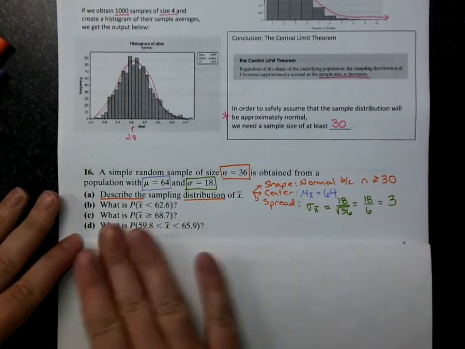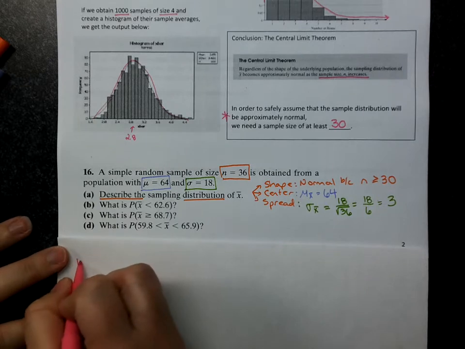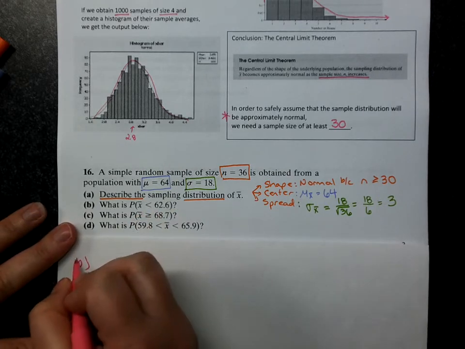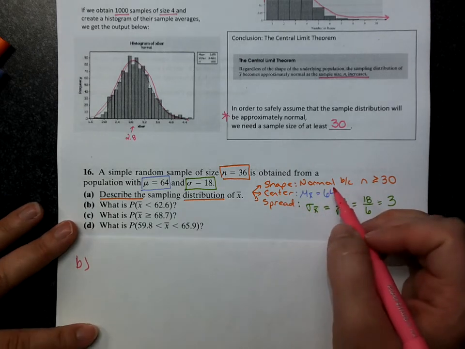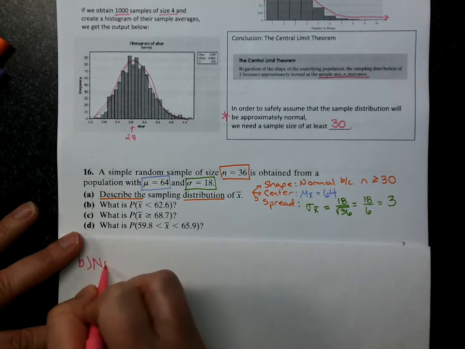Alright, let's set up here. There we go. So for part B, it says, what is the probability that X bar will be less than 62.6? Because we said that the shape is normal, we can use normal CDF just like we did in chapter 7.